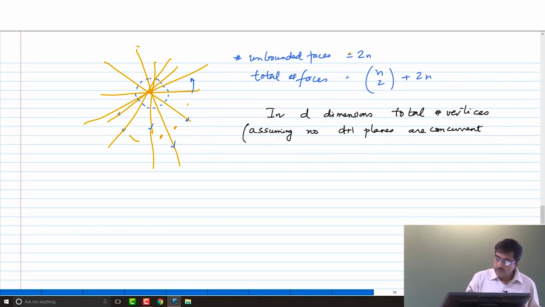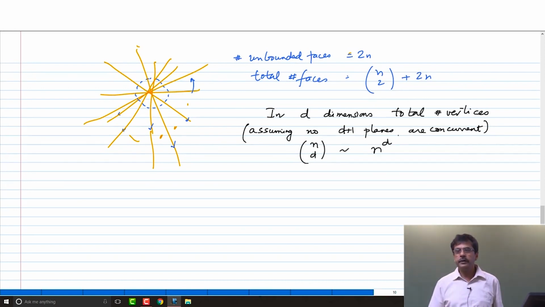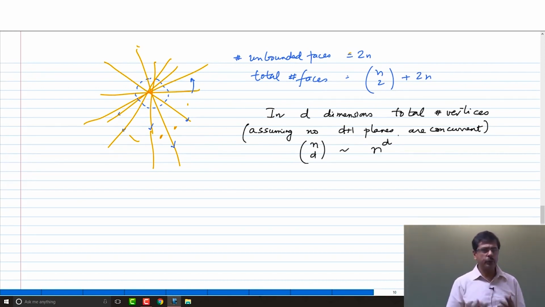So, that will be n choose d, right, and roughly about n to the power d. So, in d equal to 2, it is about n square, actually n square over 2. I am doing away with the constants. So, it is n to the d.